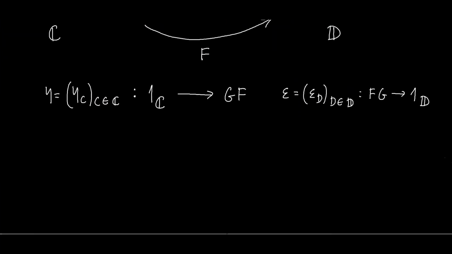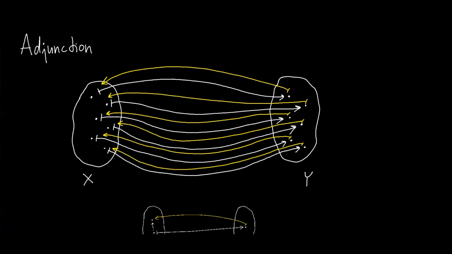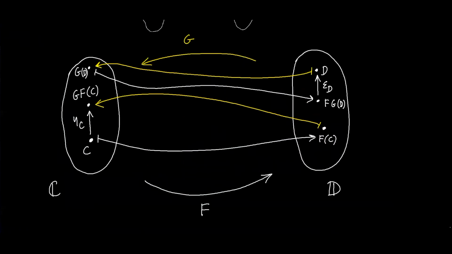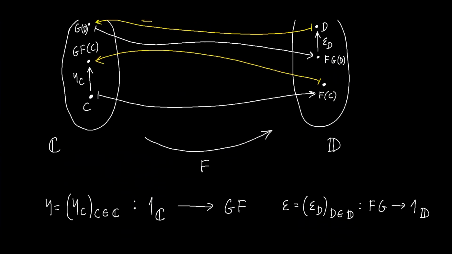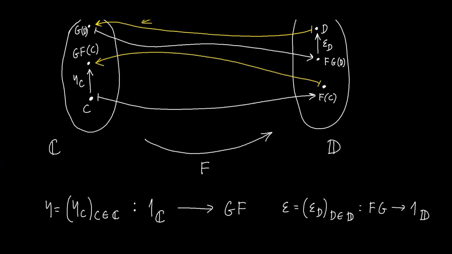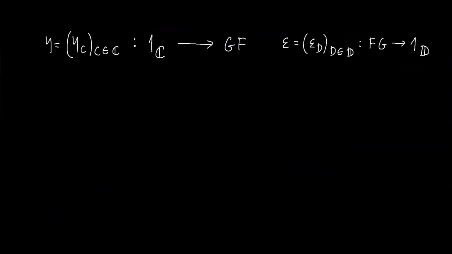And let's see what happens. So I'm going to illustrate on a separate diagram. This is just to explain why I want the direction of the epsilon morphism to be the way I drew there, instead of it having the other direction which matches more with what happens on the side of the category C.